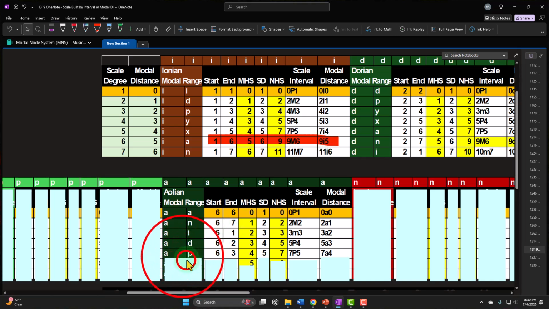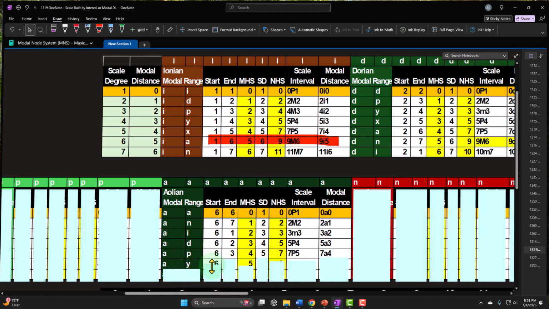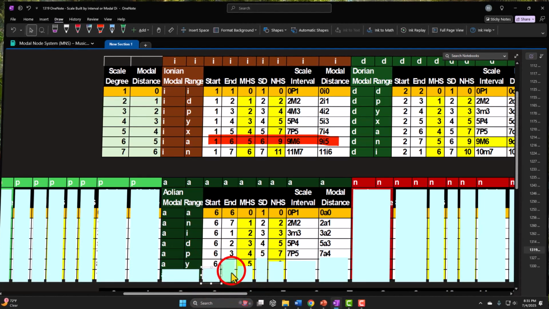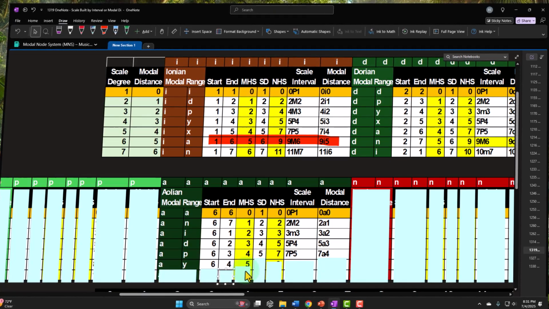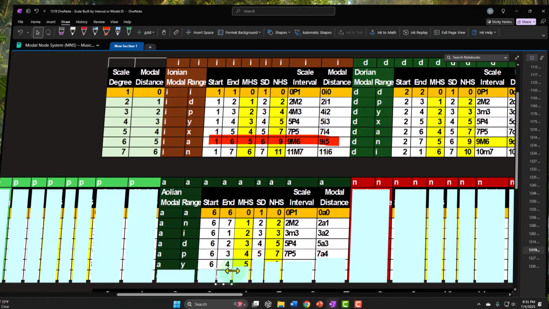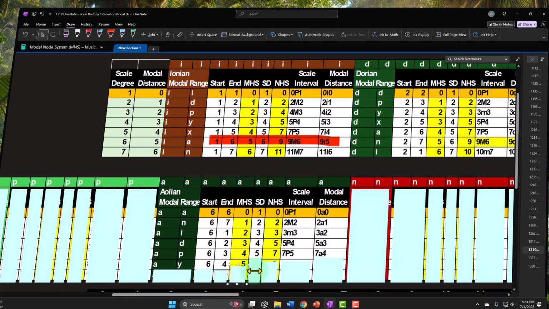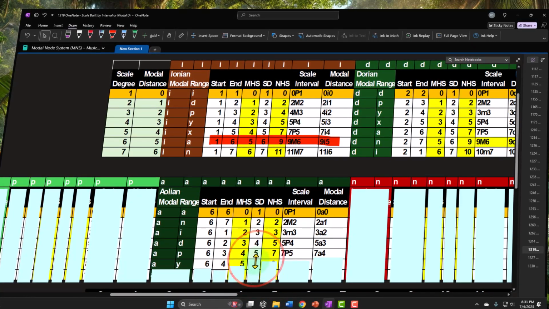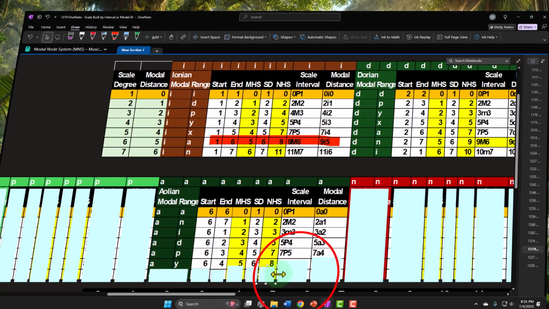So from the Aeolian, it's going to be an A. If I start on the A and I go up 5 continents, I get to the Lydian. Why? Because it's a 6 plus 5 distance, and there's only 7, so it's 6, 7, 1, 2, 3, 4. 6-4 modal range, 5 modal half steps or continents to the right, which means it would be 6 scale degrees, and we only have a distance of 8.